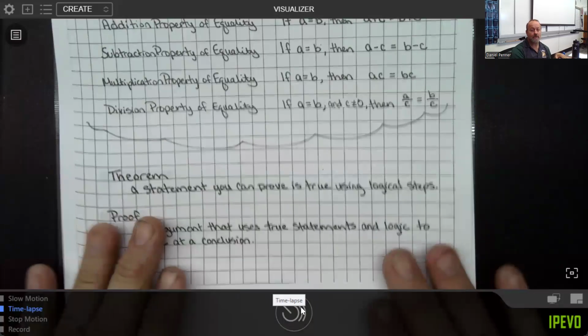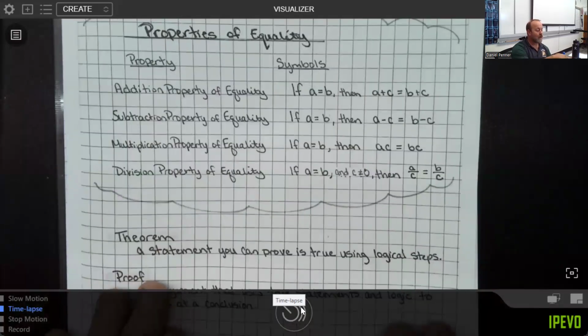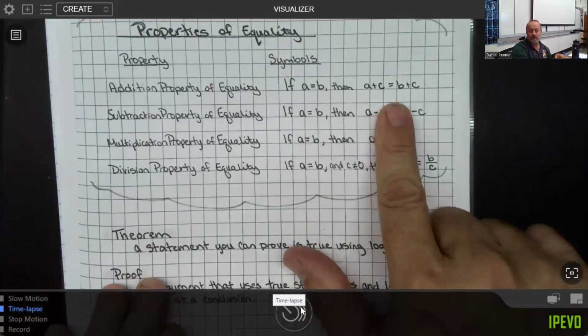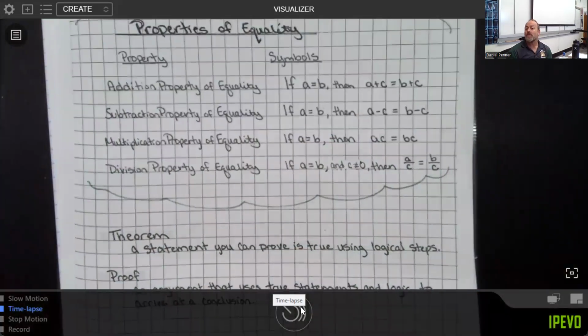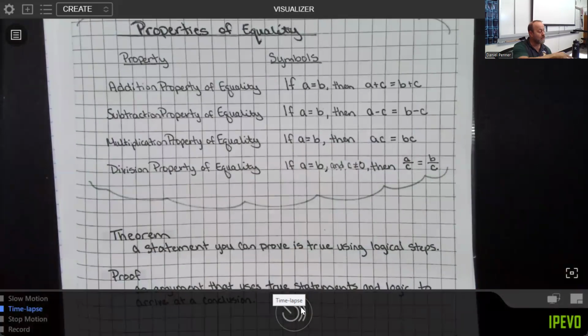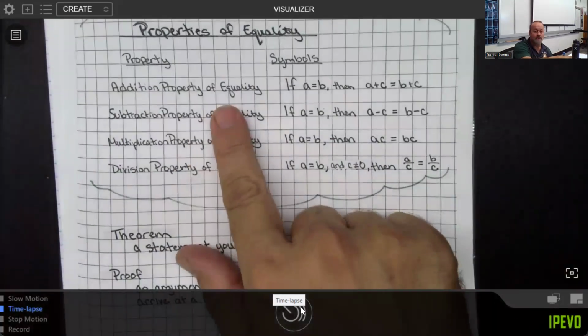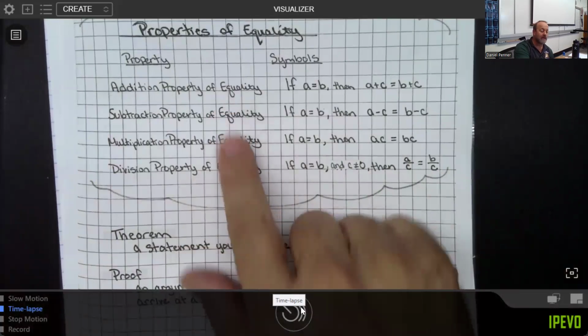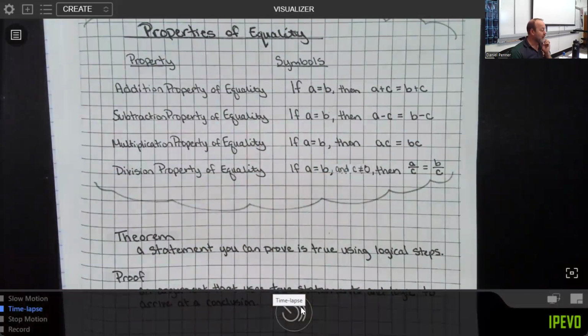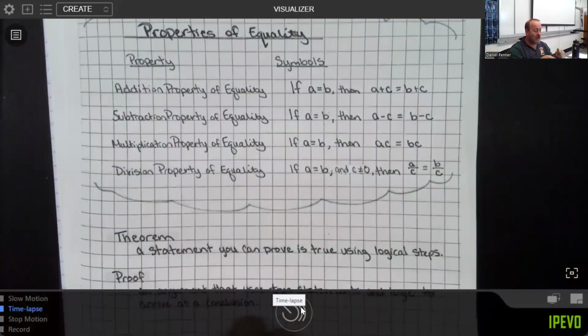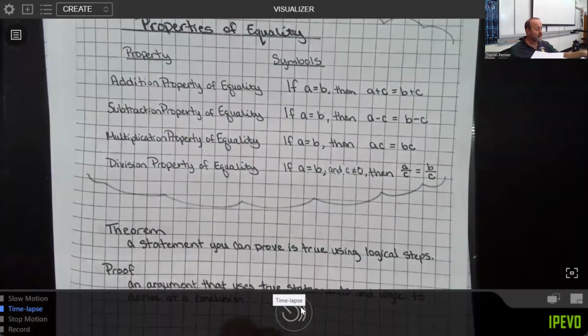But we also have simple things like this, where if you added something to both sides and that was beneficial to you, then the justification or the reason behind that logic would be addition property, which allows you to do that. Or subtraction property allows you to subtract the same thing from both sides. And so that tends to be one of the kinds of justifications that we use on these problems.